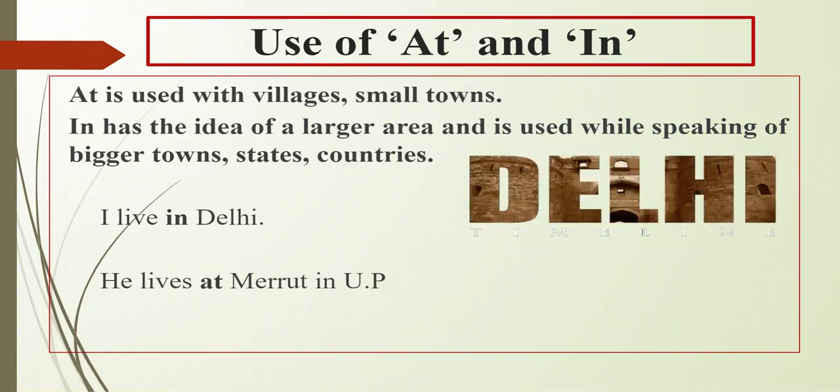Like I live in Delhi, so Delhi is a big place. He lives at Meerut in UP. So UP, as compared to Meerut, is a big place. So in UP and at Meerut. So at is used with small towns.